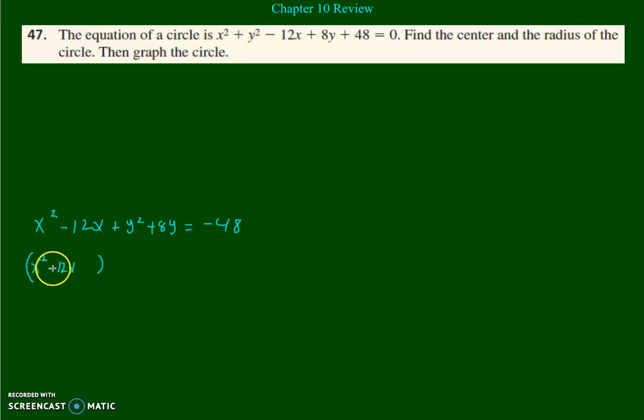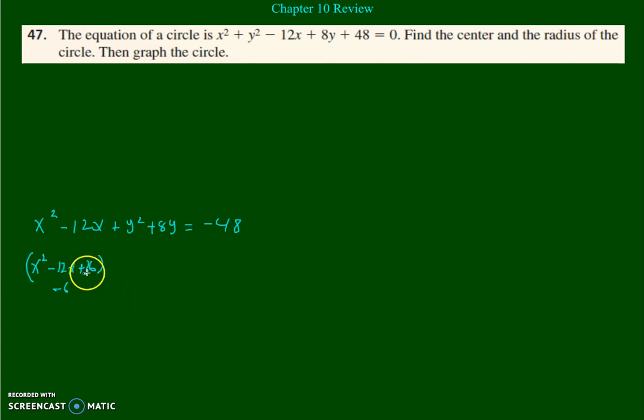Now, to generate a perfect square trinomial, which is what I'm looking for, this term has to be a square, this term has to be a square, and this term has to be the square root of this times the square root of this times 2. So to get this term, I take this term and divide it by 2. So negative 12 divided by 2 is negative 6, and we square it. So that gives me a plus 36.